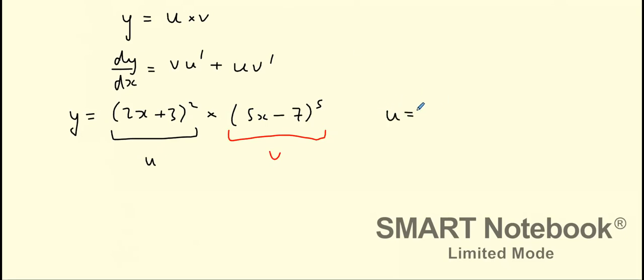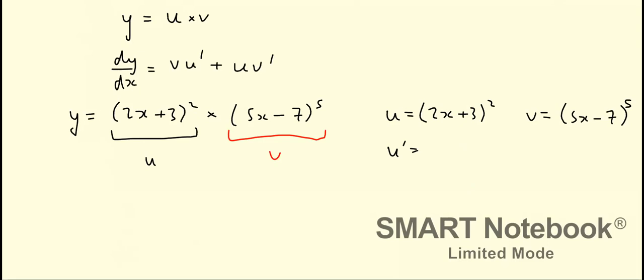So u equals 2x plus 3 squared, and v equals 5x minus 7 to the power of 5. Now, u dash is essentially just differentiating whatever we have here. So can you please tell me what is the differential of 2x plus 3 squared as soon as you know what it is?